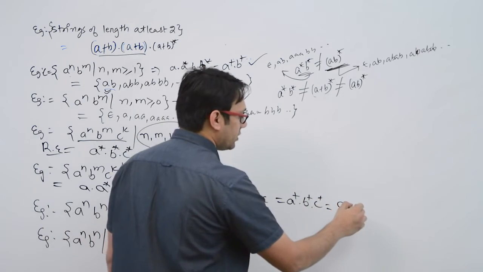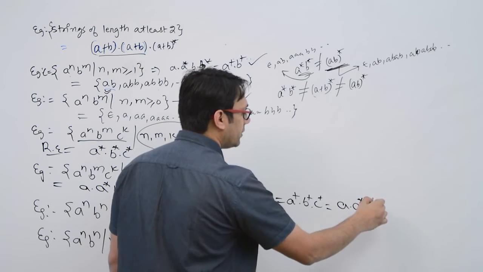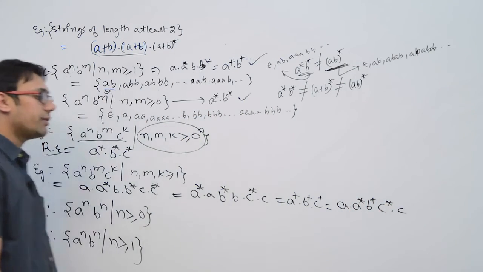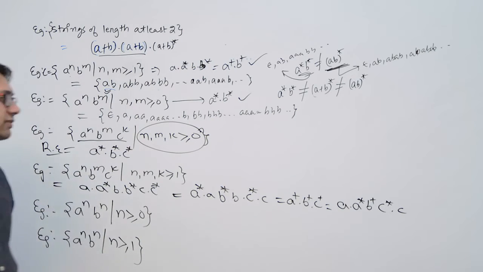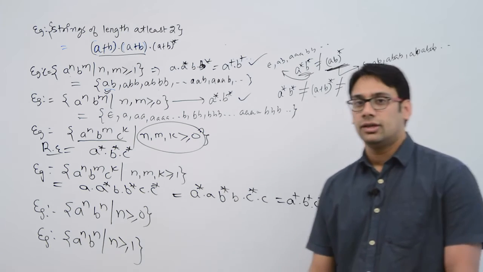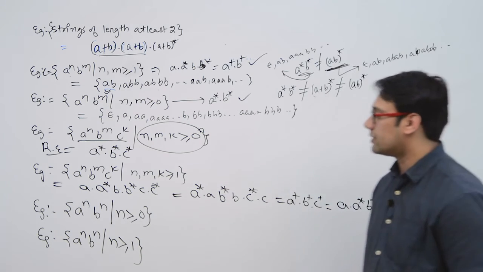We have a concatenated with a star, b plus, we have c star concatenated with c. You can make it like this also. There are several possible representations of a given language, right? We have seen these examples before.